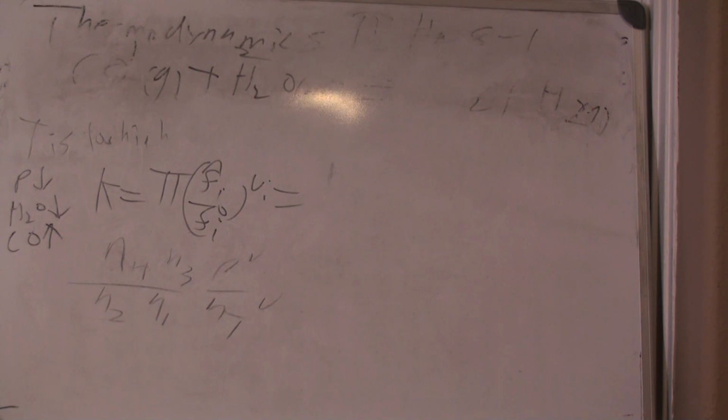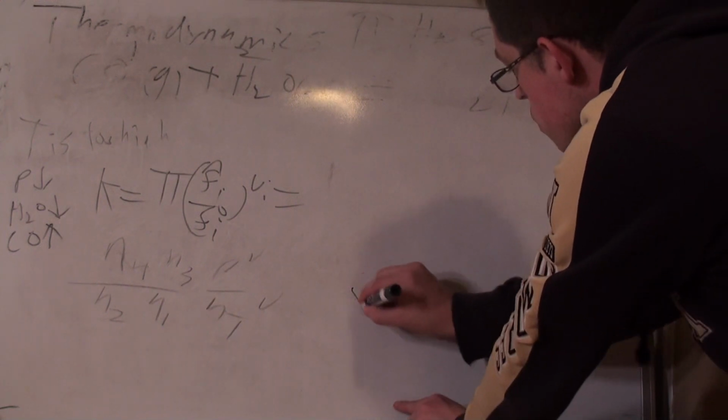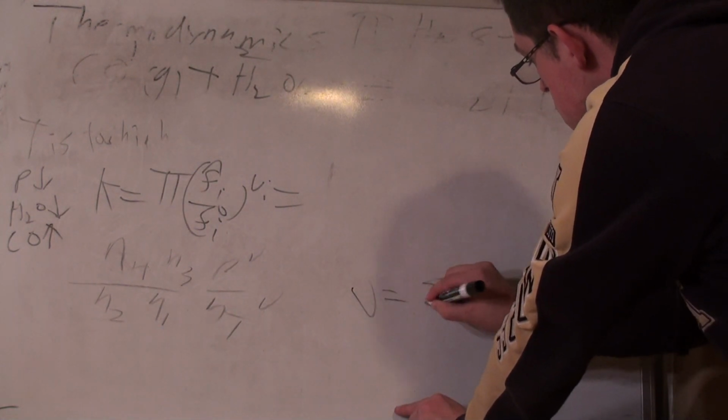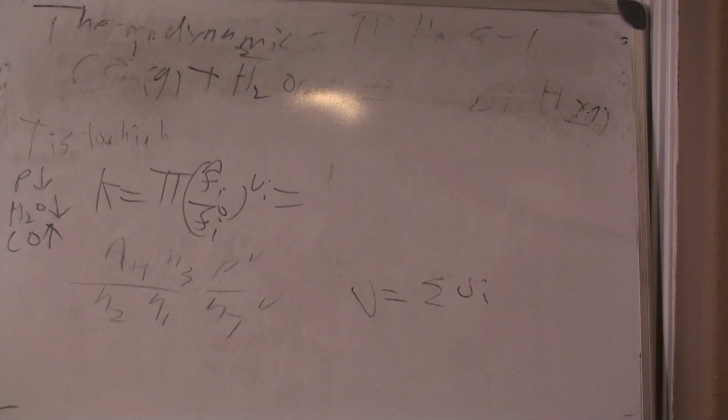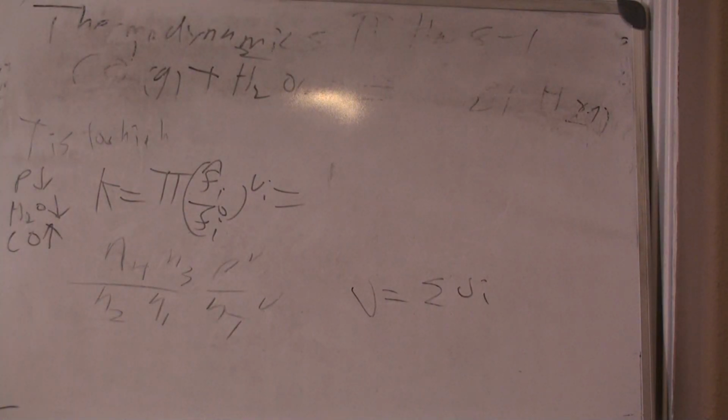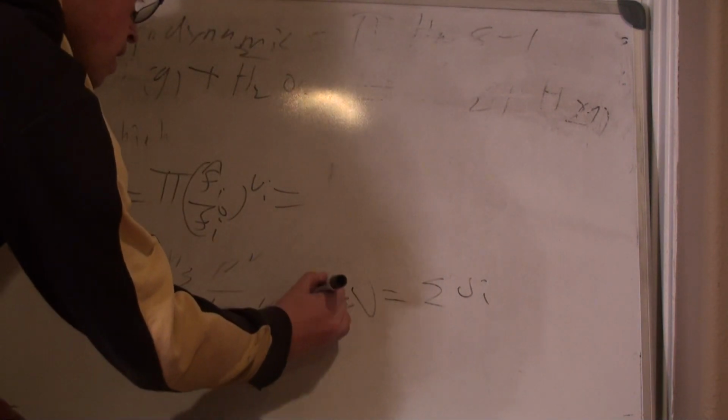What about pressure? Well, I have to think about what's the nu of the reaction. The nu of the reaction is equal to the summation of the nu i's. What's the nu of CO? Minus 1. H2O? Minus 1. Why is it minus? Because it's a reactant. When I add them all up, my nu of the reaction is actually 0.